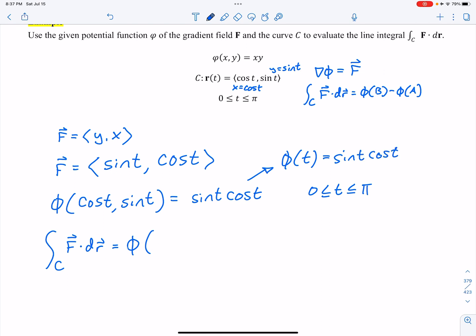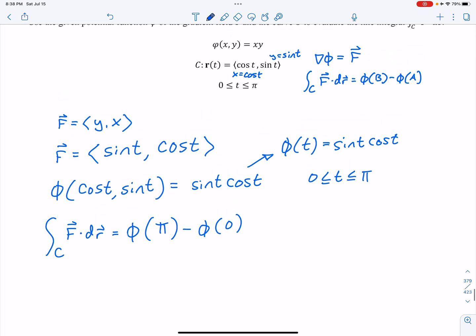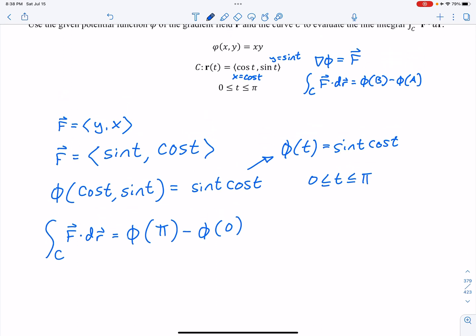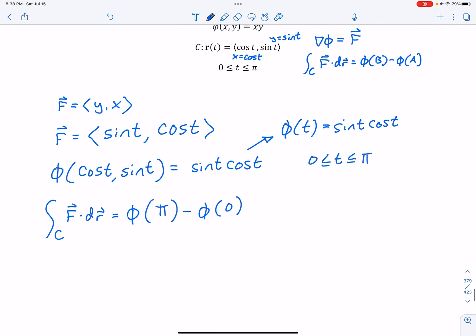So plugging in my t's, it's going to be phi of pi minus phi of 0. We're going to have to find this potential function, and I feel like that method makes a lot more sense. But in this case where they gave me phi, all I have to do is put phi in terms of t and find my bounds. I really didn't even need the vector field. I was just wanting to write it down so we know we're still working with one. So I just have to plug this in.